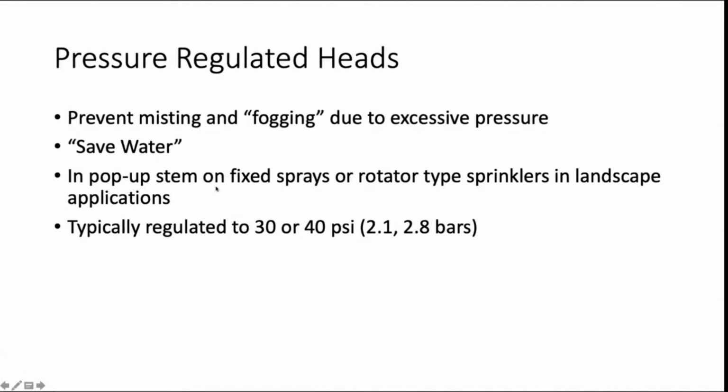It's actually in the stem on the fixed sprays in landscape systems, and typically rated to 30 or 40 PSI, or about 2 to 3 bars of pressure. So no matter what comes in, which is nominally maybe 10 PSI a little bit higher than the regulated pressure, it will not increase in pressure. We'll take a look at that a little later, in the next slide or two.